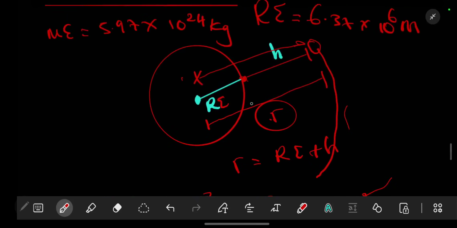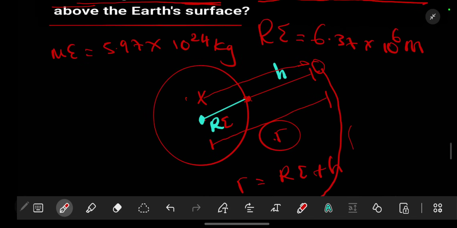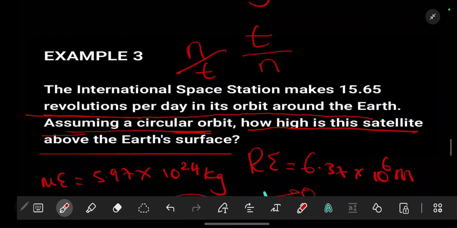So that's the radius. Remember, according to the law of gravitation, we are looking at the distance separating them, like that. So with that said, we are going to say, knowing that we have 15.65 revolutions per day, we are going to convert this into revolutions per second.